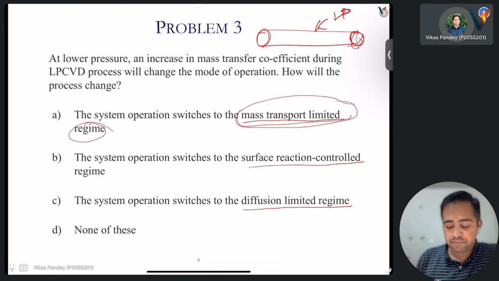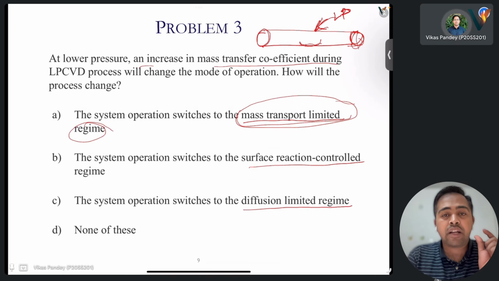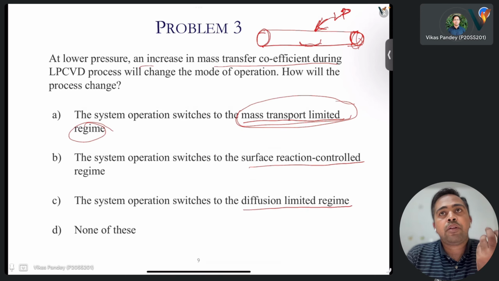That means, sorry, I'm saying it wrong. As the mass transfer coefficient increases, as we know, the critical part is the one that is slowing the reaction.